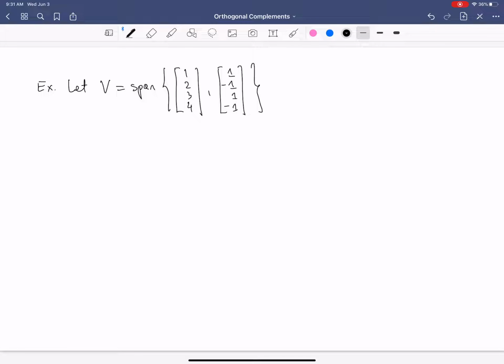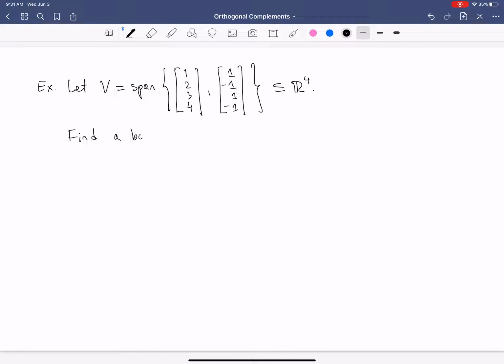So clearly these two vectors are linearly independent. Clearly this V is a subspace in R4 because the vectors in the basis that is given here have 4 components.